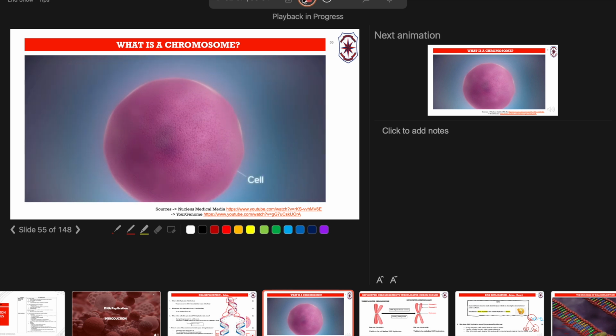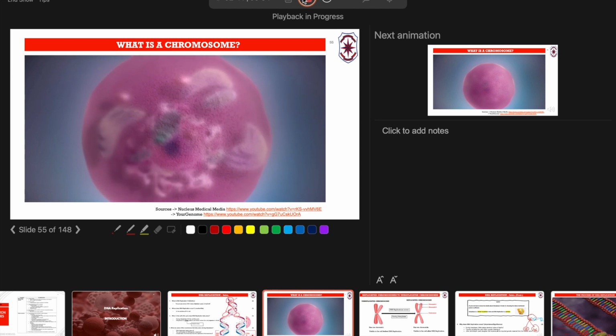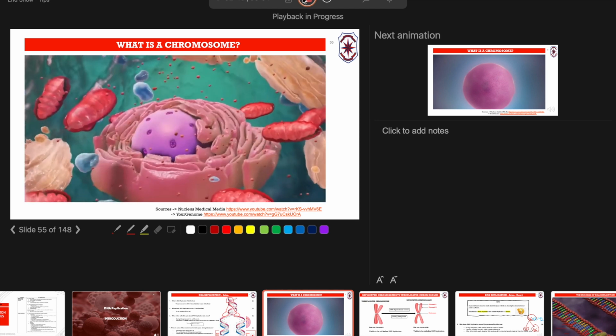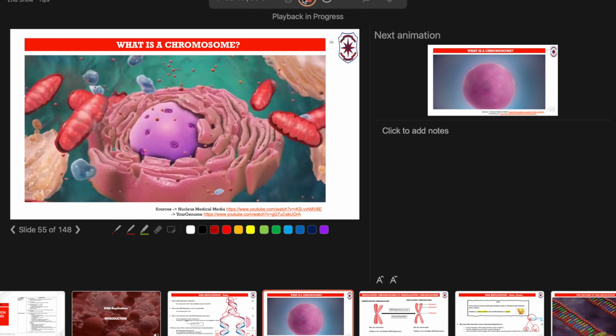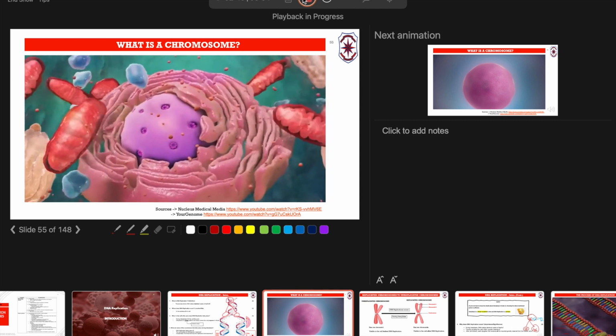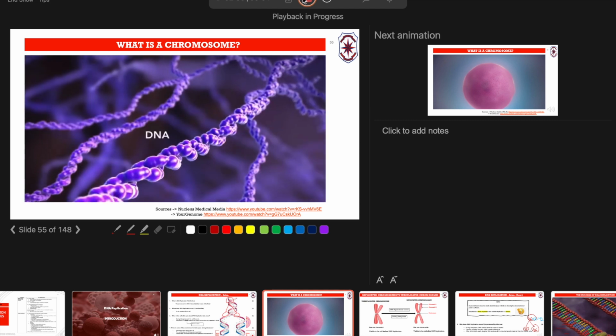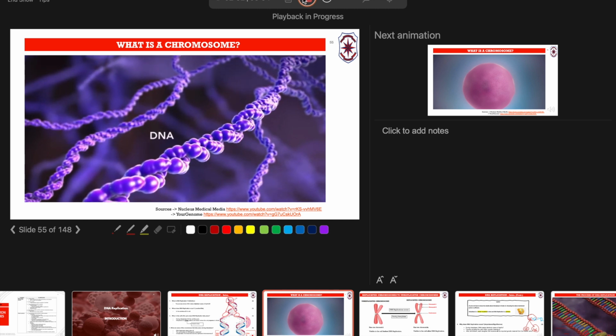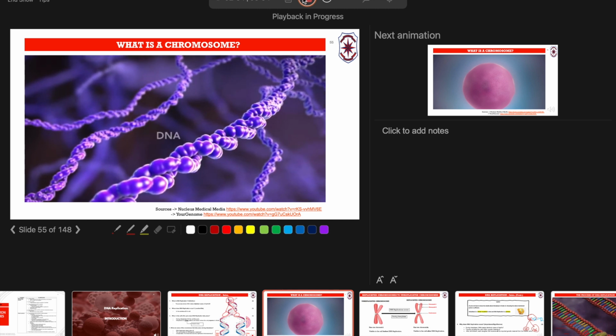So there we have a cell, okay? When we move into the cell, where did we say we find most of the cell's DNA? We find most of the cell's DNA inside the nucleus. Now we are going to move inside the nucleus through the nucleopores. And then when we look inside the nucleus, we said we are going to find DNA.